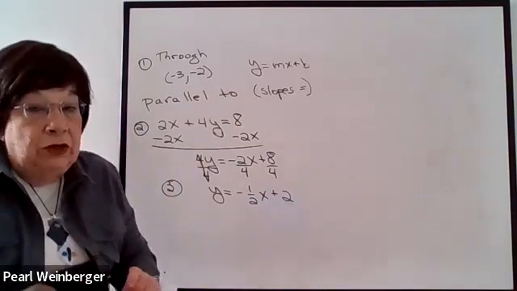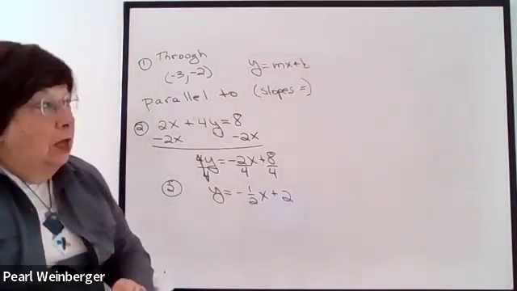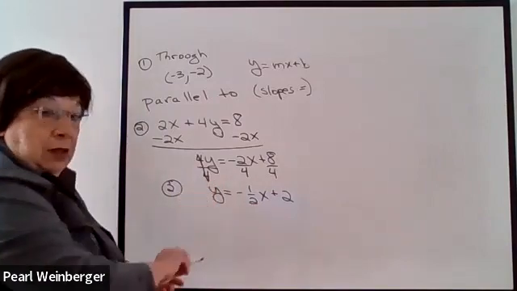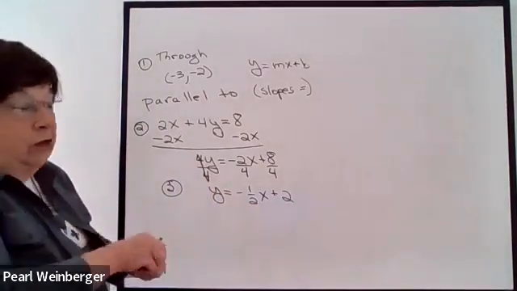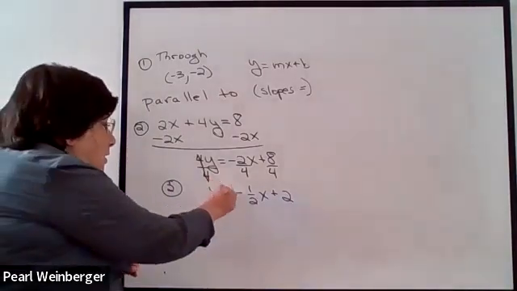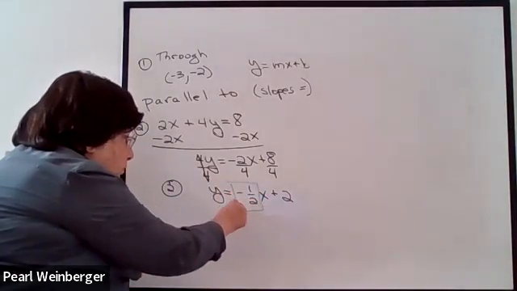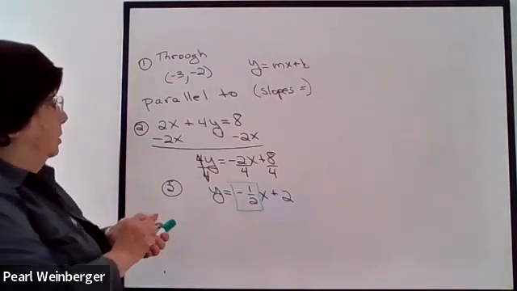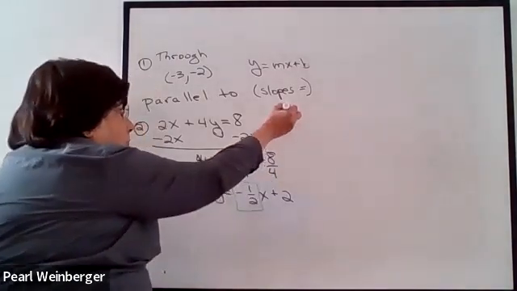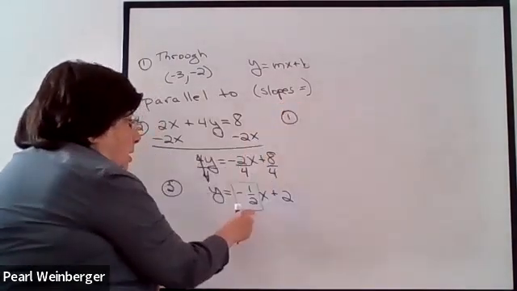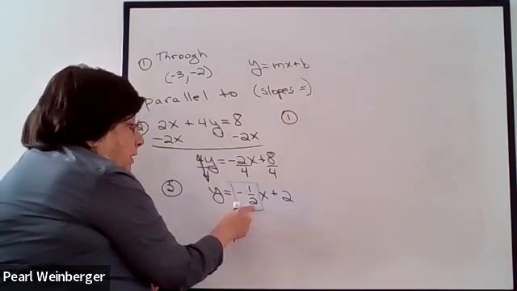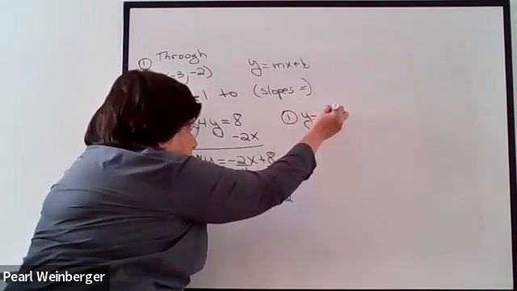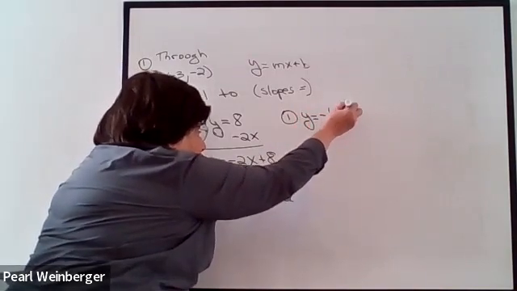Now, that's not the equation of the line that I'm looking for. I'm looking for a line that's going to be parallel to this. Parallel means they've got to have the same slope, which means my new line, which I'm calling line number 1, is going to be a line whose slope is -1/2. So here we are, y equals -1/2 x plus b.